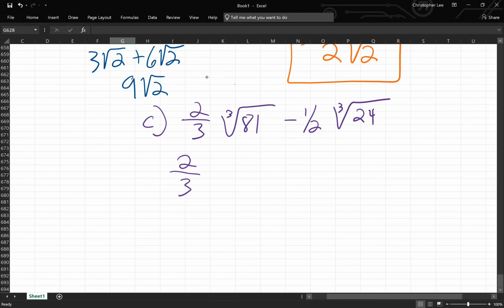So 2 over 3, it's going to be cube root 27 times 3, minus 1/2. And then the largest perfect cube that goes into 24. We said that earlier. What is it?